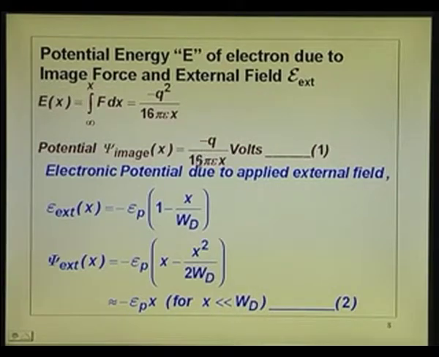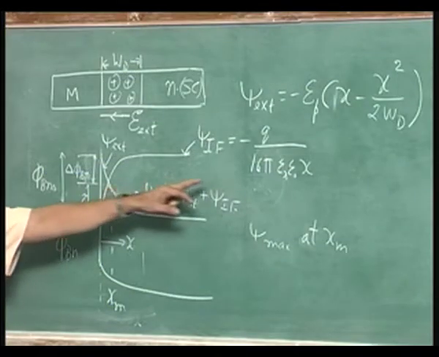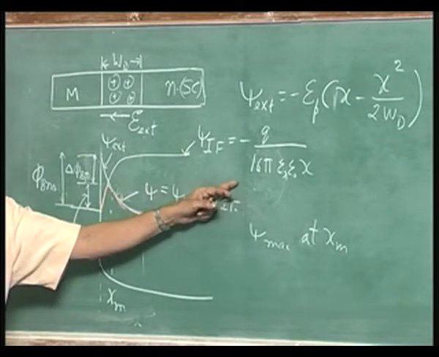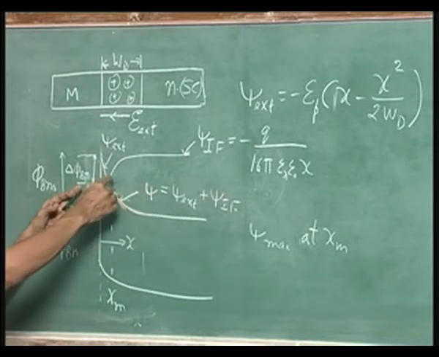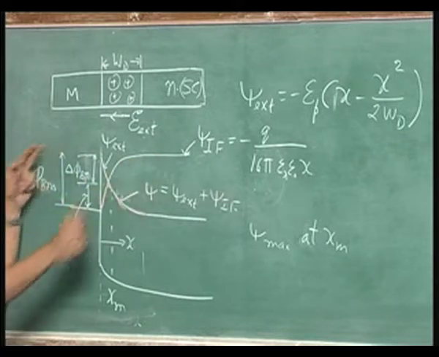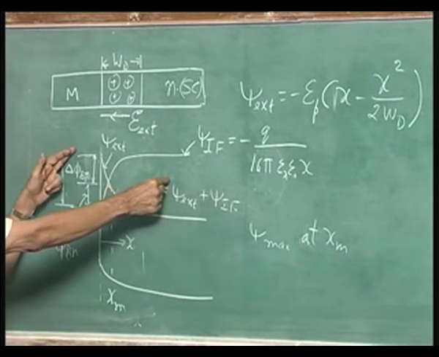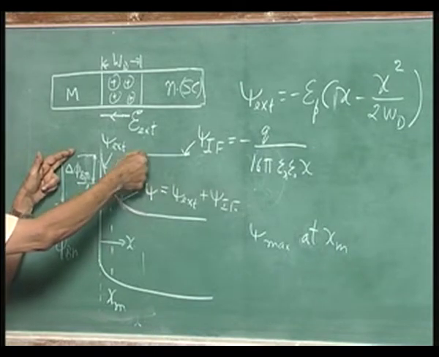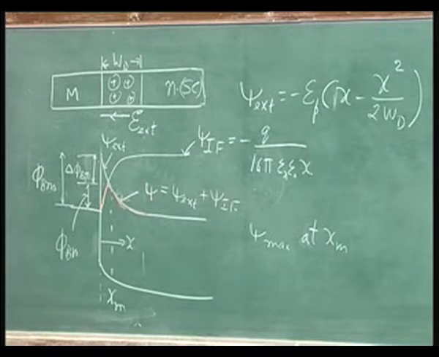So, what we are trying to point out is, if I move from here to here, the electronic potential is that quantity, that is 16 pi epsilon r epsilon 0 into x. As far as the field is concerned, plus there and minus there, for the negative charge and plus charge, so the field is in that direction. So, the energy of the electron will become lower, negative, as you go towards the metal surface.